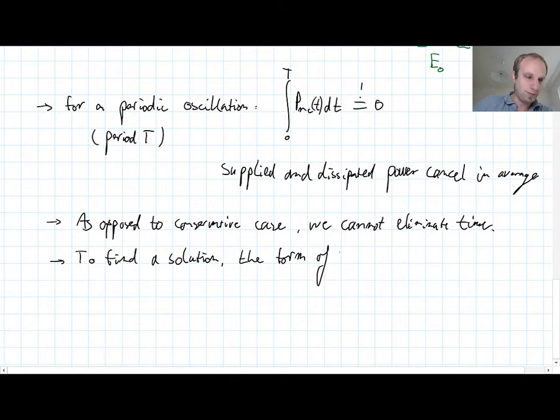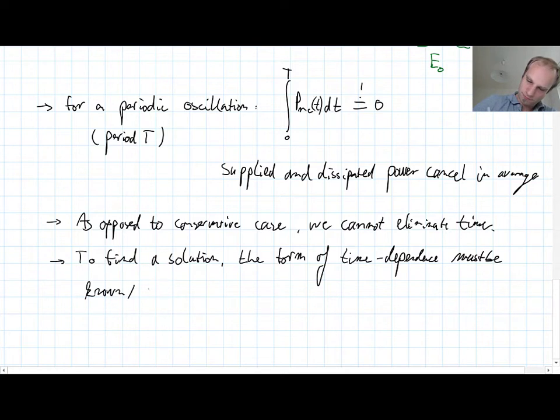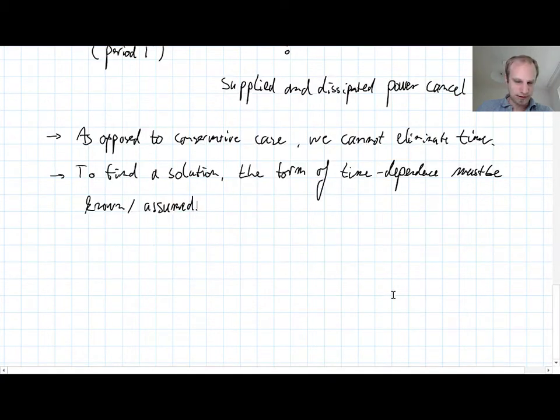The form of time dependence must be known or assumed, if we want to use this particular expression to determine the solution, or an approximation at least.